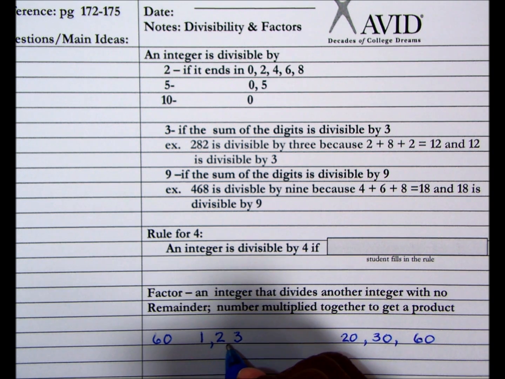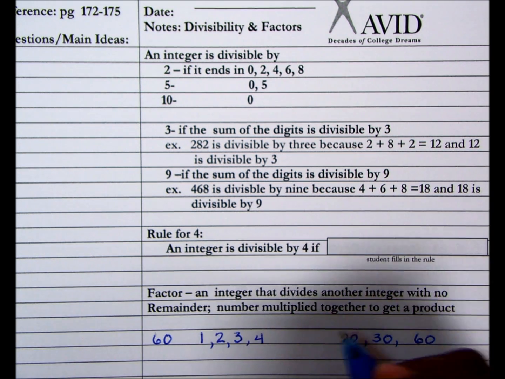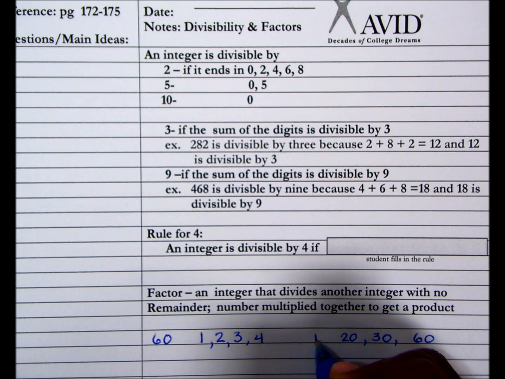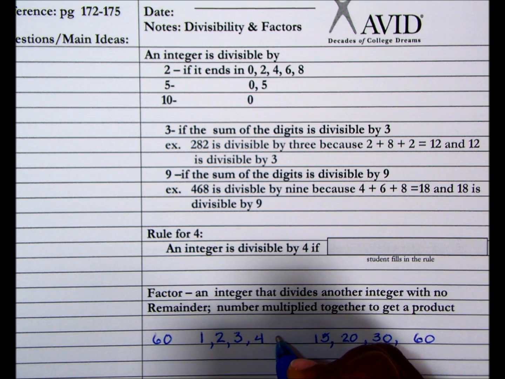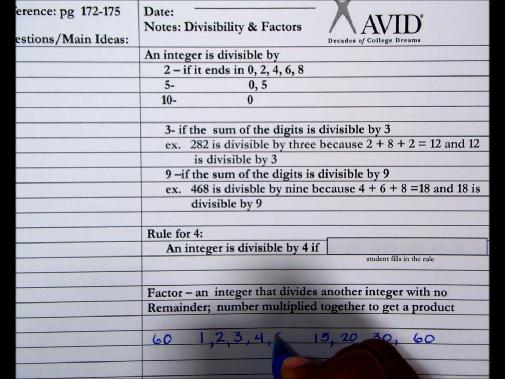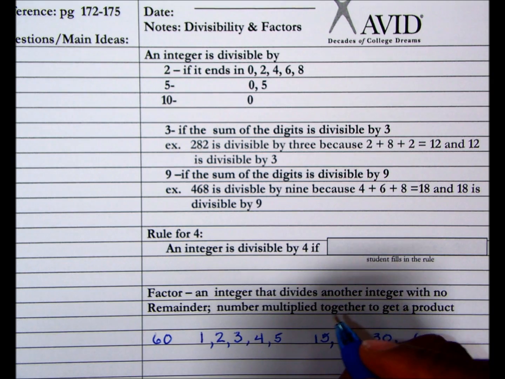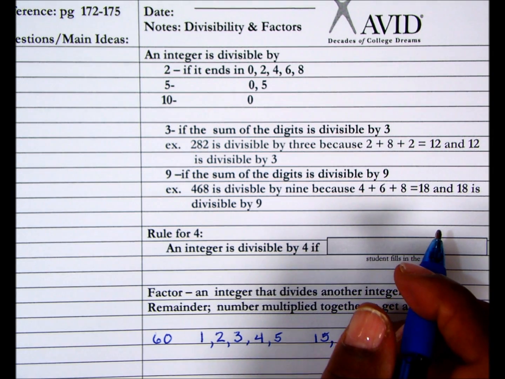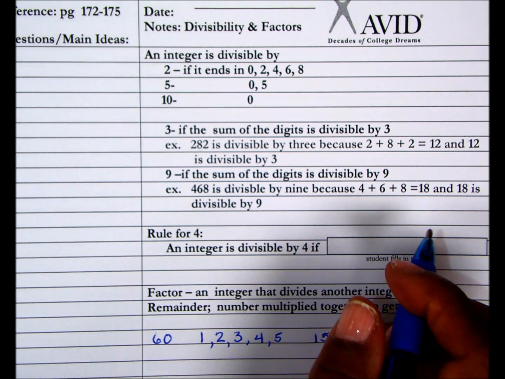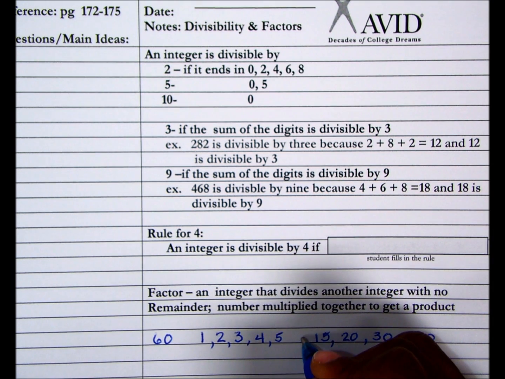And is it divisible by 4? Well, I happen to know it is divisible by 4, even though I'm not telling you the rule. And 4 times 15 is 60. Is it divisible by 5? Yes, because it ends in 0, so it has to be divisible by 5. And we know that 5 times 12 is 60.